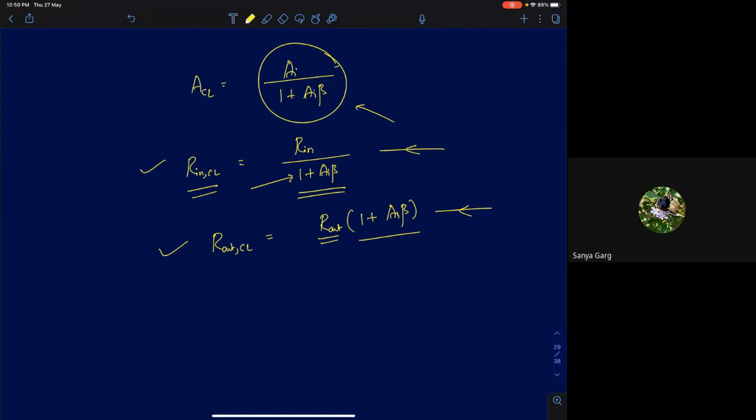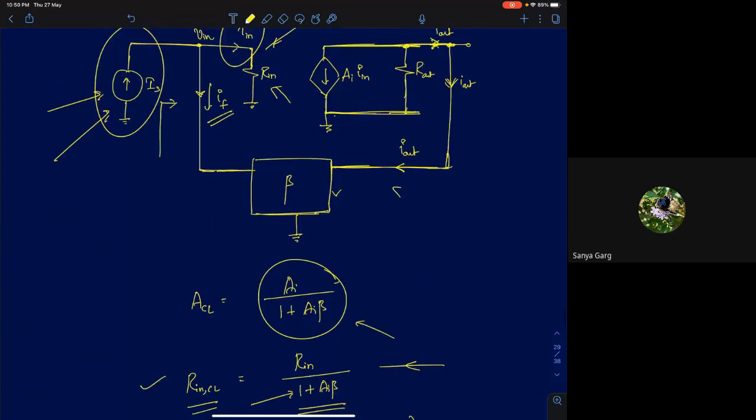Okay, so one of you asked a question: can we say by how much these values will deviate? We need to know the feedback network for it. What kind of a feedback network is it? From that, we can estimate the value. I'll discuss in good detail how to estimate all of that in the upcoming lectures. But right now you can take it that if this feedback network is not ideal, then you will not get these results.